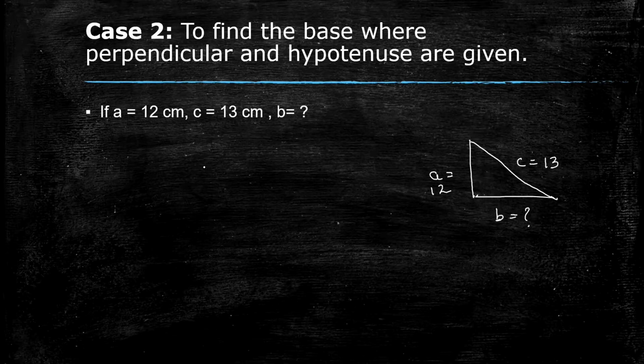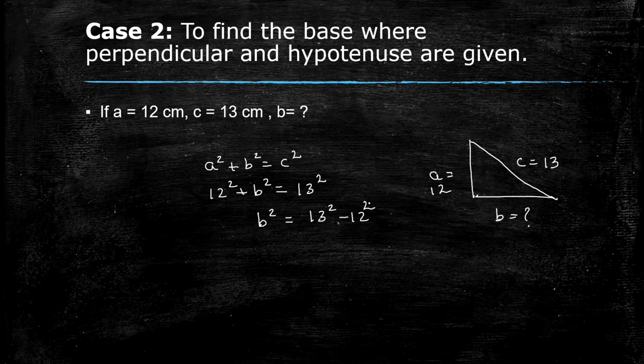By Pythagoras theorem, we have A square plus B square equal to C square. Let's substitute the values. 12 square, I do not know what B is, so I leave it as B square, and C square is nothing but 13 square. So from the equation, I have got 13 square minus 12 square.